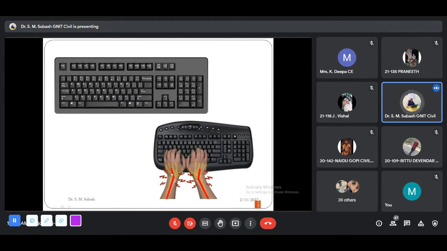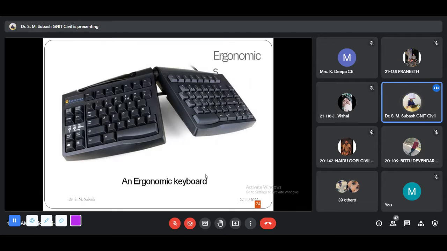With a keyboard like this, the two hands will have a little space, so it will be easy for you to type. So this is called ergonomics, comfort without causing any pain or strain to the customer. So this is one type of product.